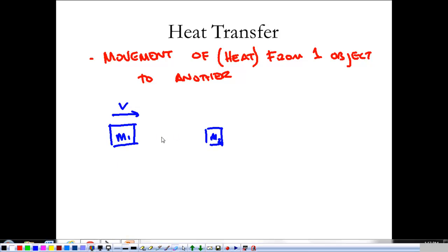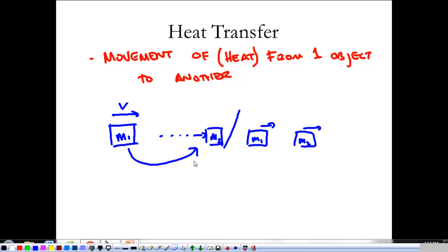When mass 1 runs into mass 2, after the collision, each object's going to have some energy. In this thing, because of the collision, mass 1 transferred energy to mass 2. That was an energy transfer. What we're looking at now is a heat transfer.